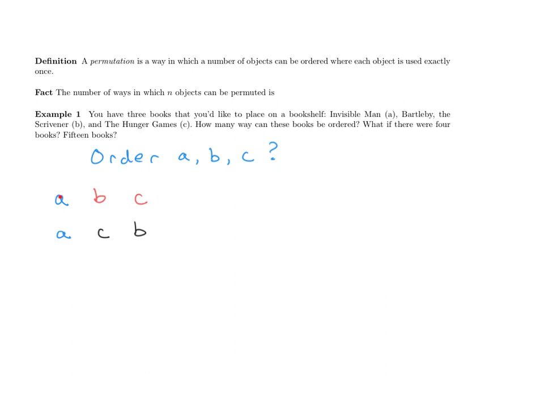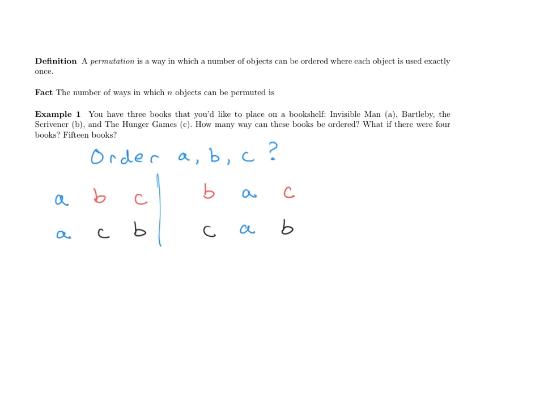Now, as another possibility, it could be that Invisible Man will be second on your bookshelf. So after you get done with those 2, maybe this one goes in the middle. Well, it could be that Bartleby the Scrivener is to the left, and then Hunger Games is to the right. Or, again, assuming that Invisible Man is second, maybe it's that you first put the Hunger Games and then you put Bartleby the Scrivener.